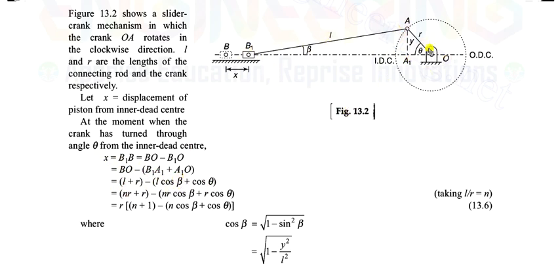A1O is equal to R cos theta. But R is missing here, means this is a printing mistake. So this is R cos theta.